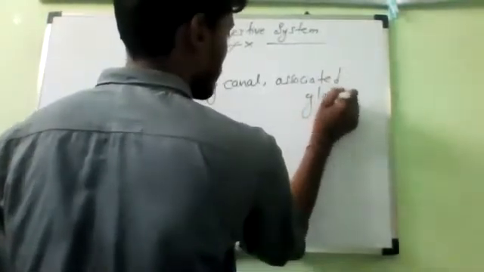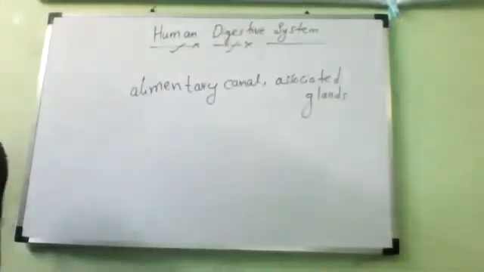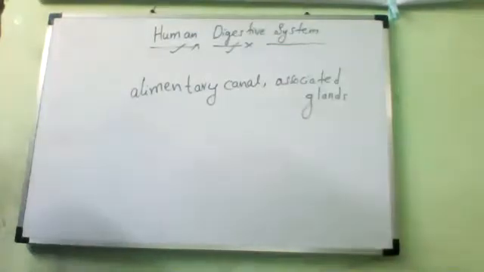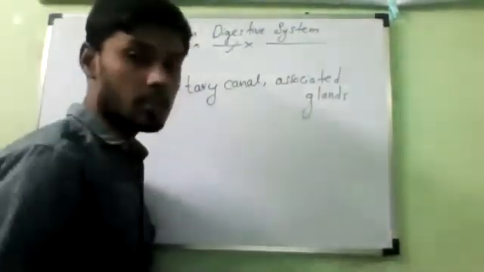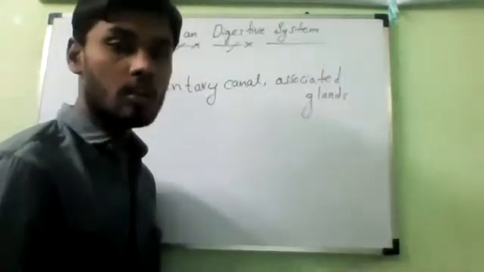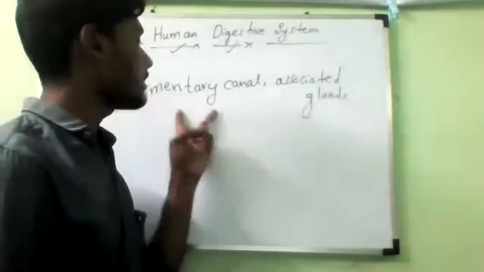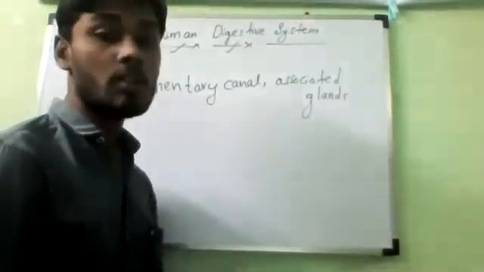What is the use of these glands? They secrete digestive juices which help in digestion. We will study that also. So the human digestive system consists of two things: the alimentary canal and the associated glands.